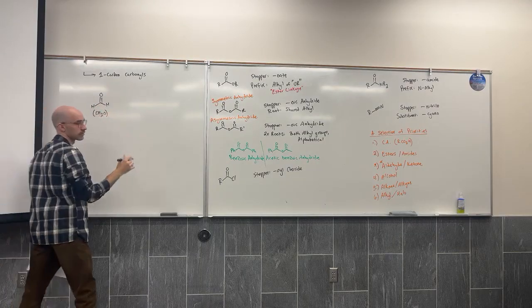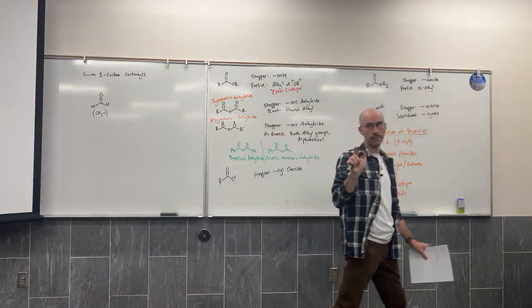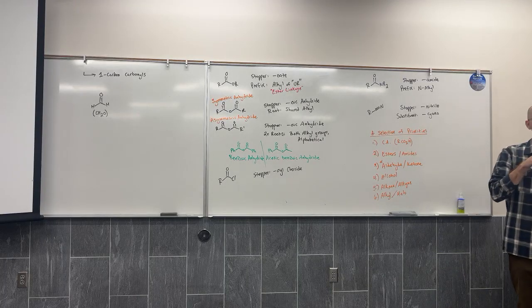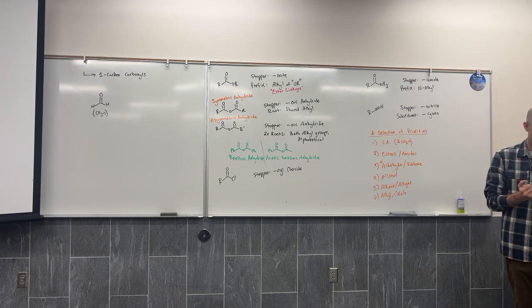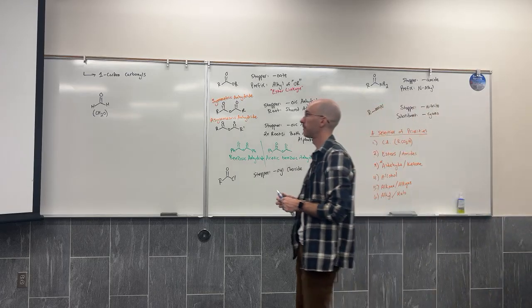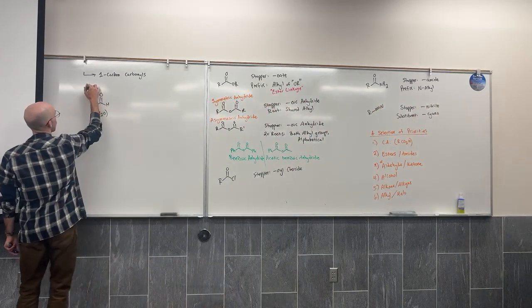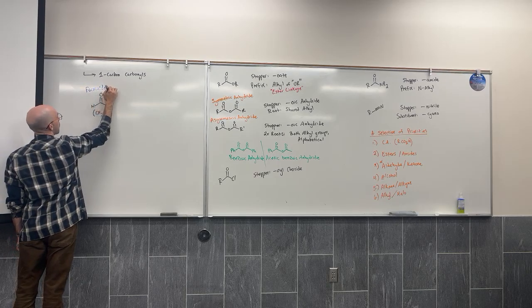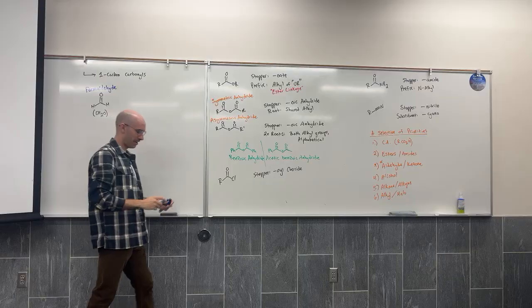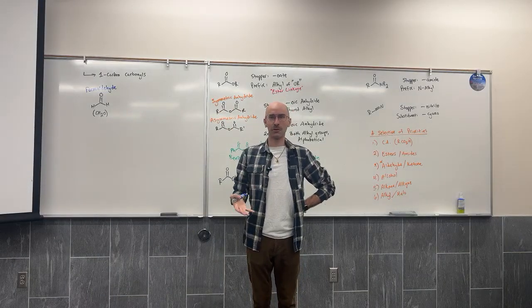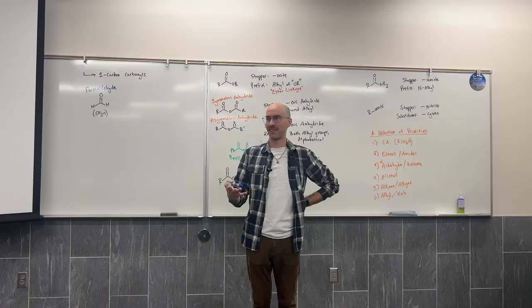CH2O. You guys know this compound. We've talked about it in the alcohol chapter. And I know you've heard of it. The name? Formaldehyde. Okay, but that doesn't use the rule that we just established.